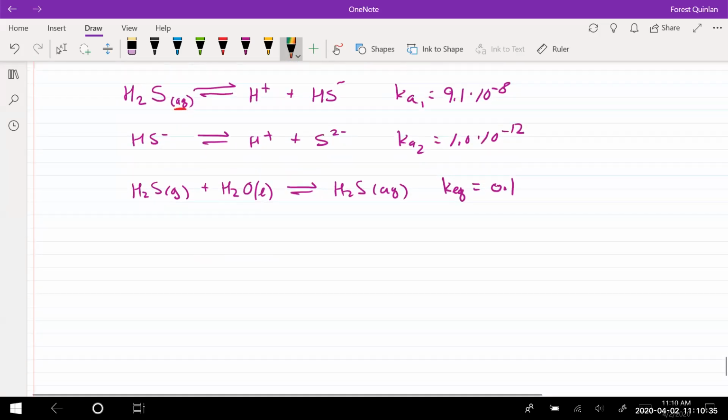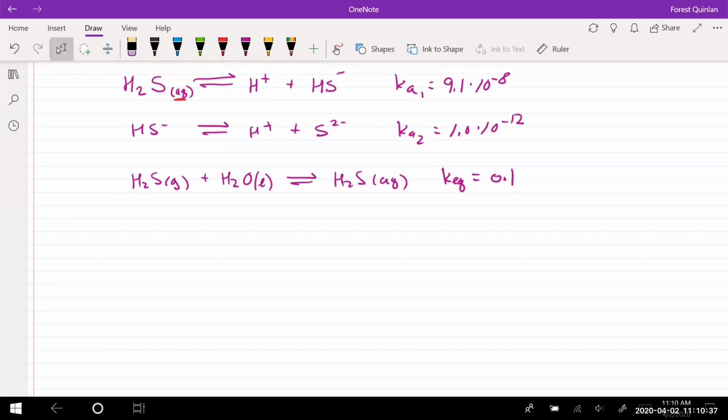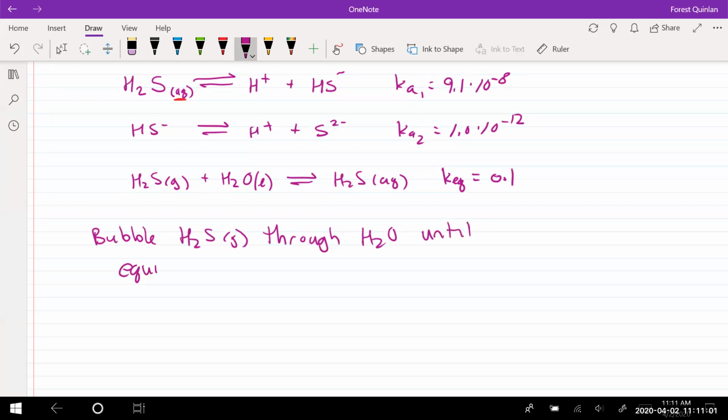So what we're going to do is bubble some H2S over and over through water until it finally reaches its equilibrium. So we're going to bubble H2S gas through water until equilibrium is established.